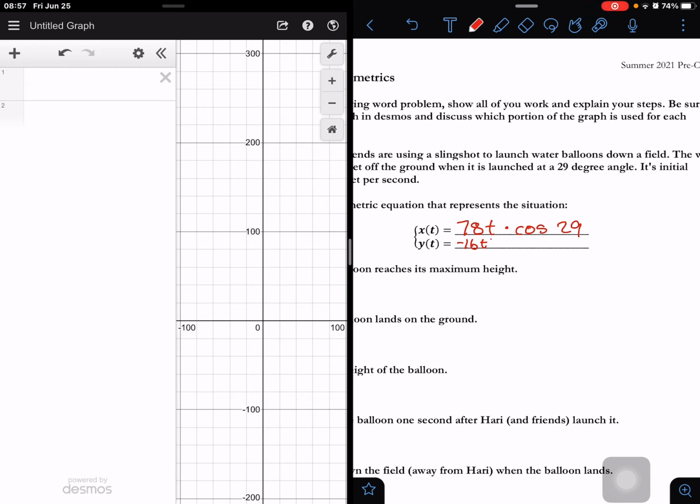Then we add the velocity times the time, 78t, multiplied by the sine of whatever angle you're launching it at, 29. And lastly you add the initial height, so 3.2.